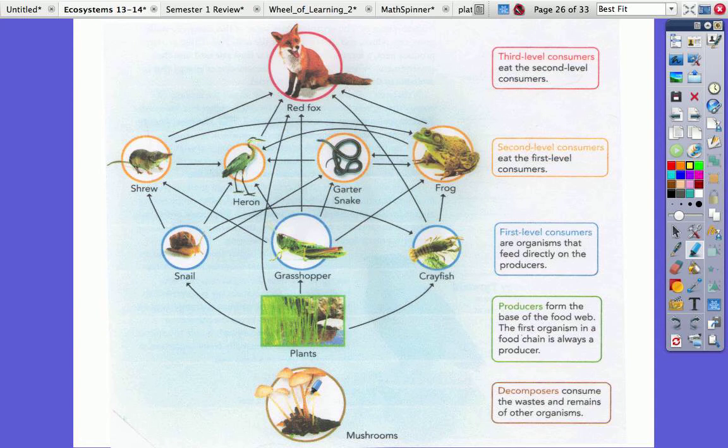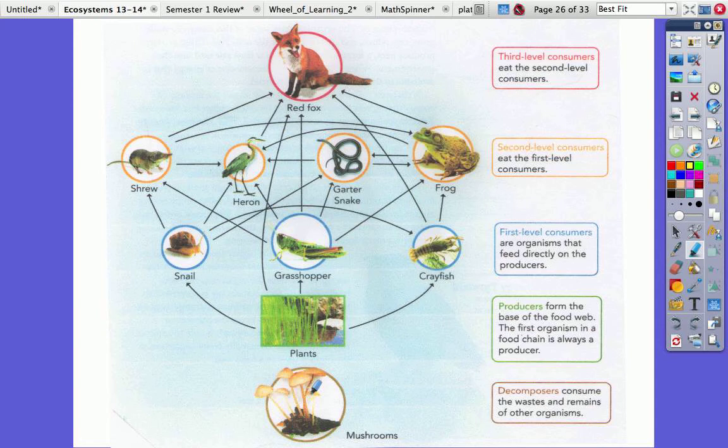What they do is they decompose, they help break things down and just give off nutrients to the organisms, to producers, to enable producers to grow a lot faster and a lot healthier because they're giving back nutrients that they need in order to grow.